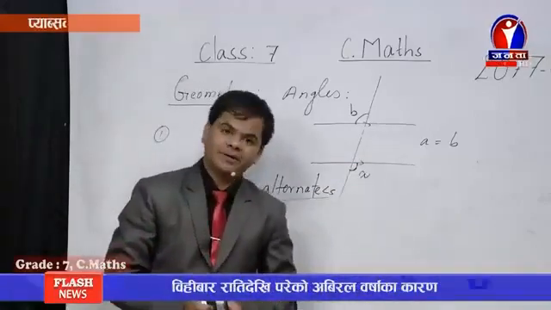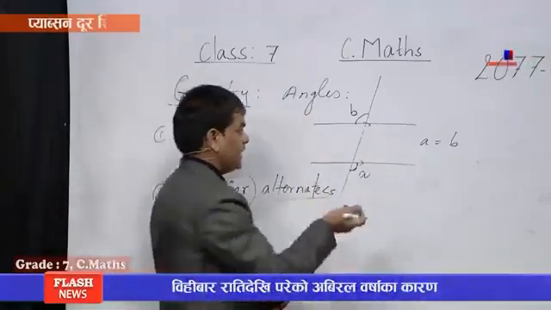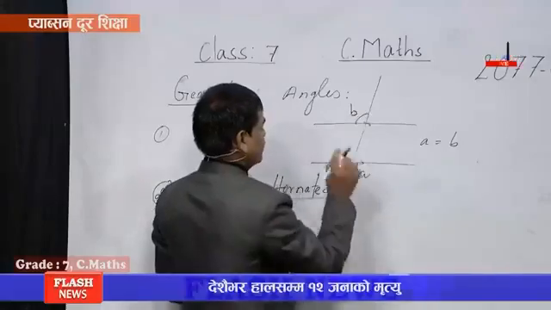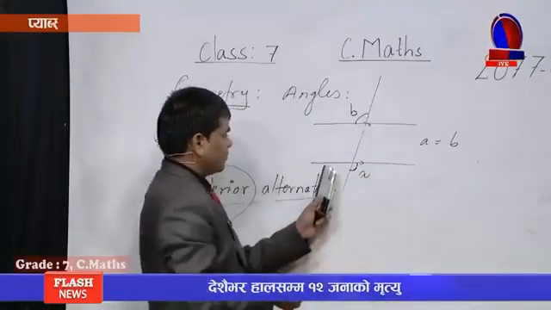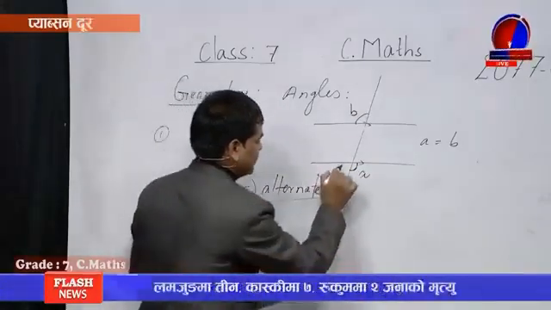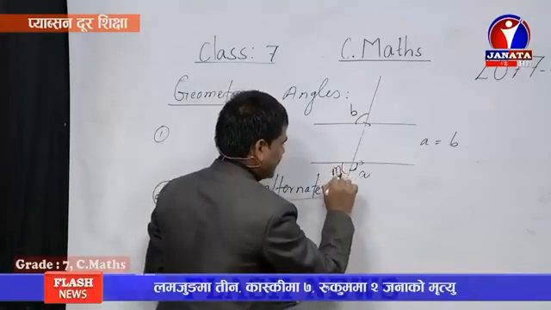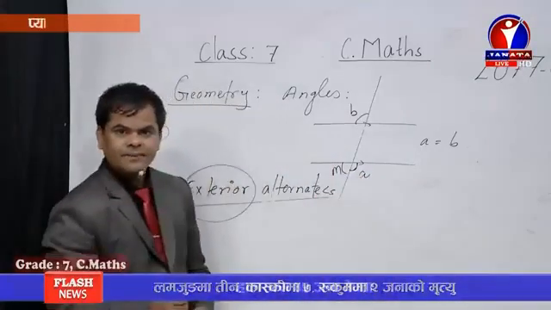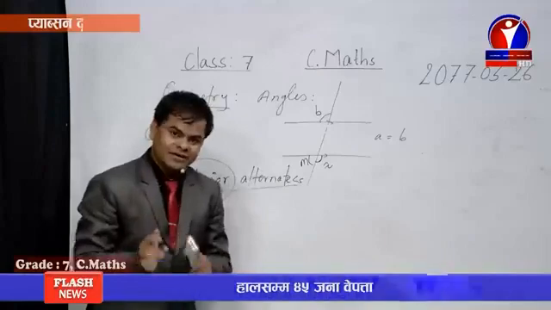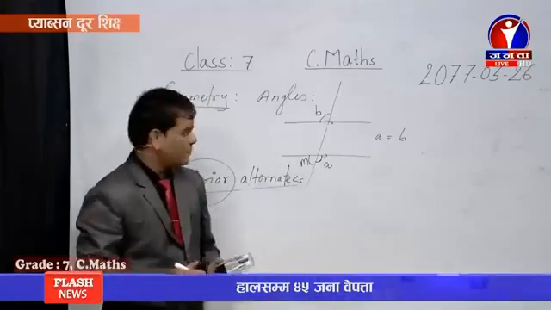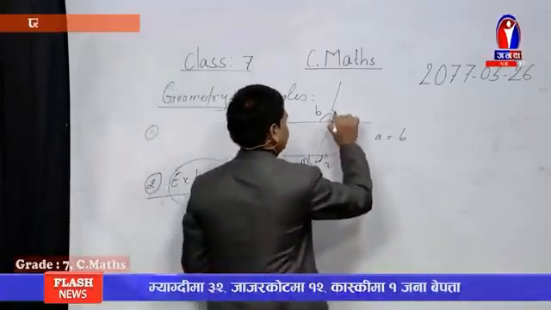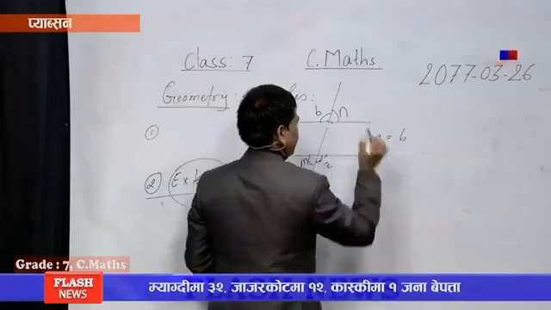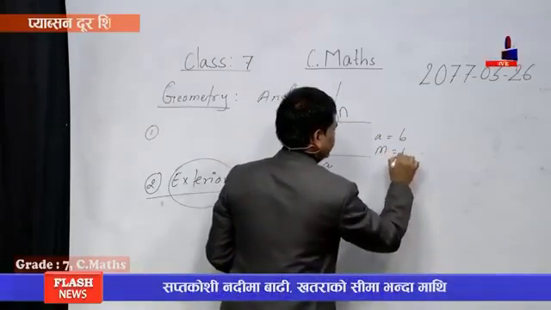Both angles have the same value. Not only these two, we can represent this side also. This one is also exterior, isn't it? If I name this one M, then the exterior alternate angle to M will be this one, and M also equals N.